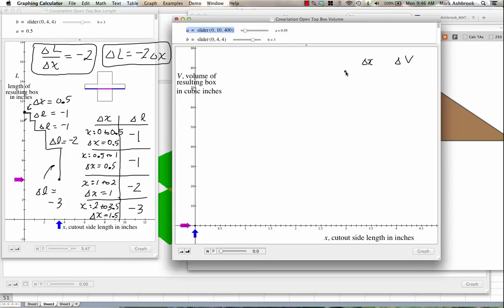Here we're going to do a change of x from, say, 0.5 to 1. What change in x am I doing there? If I go from 0.5 to 1, my change in x is 0.5.